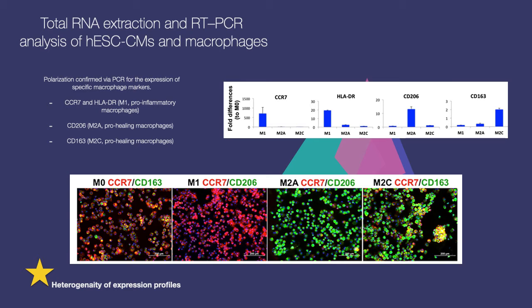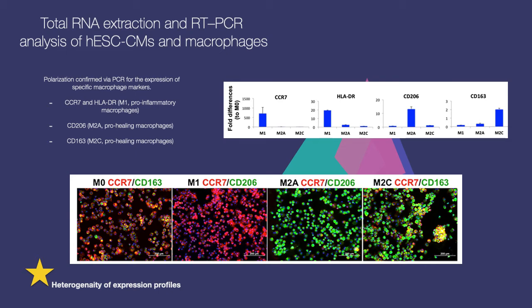CD206 is an M2A marker, and CD163 is a pro-healing marker. The histograms on the right confirm that they indeed were successful in polarizing their macrophages, and this was also shown via fluorescence microscopy in the lower images.